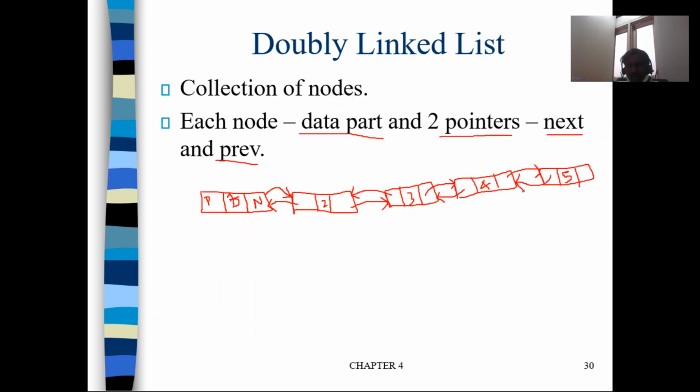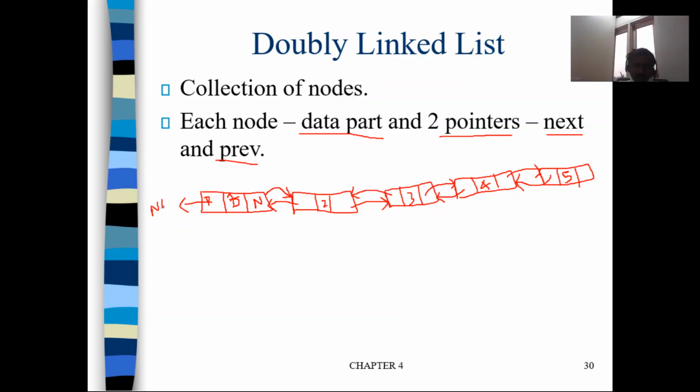Now comes the important question: where will the previous pointer of node 1 point? Node 1 does not have any previous node, right? So the previous pointer of node 1 will point to null.